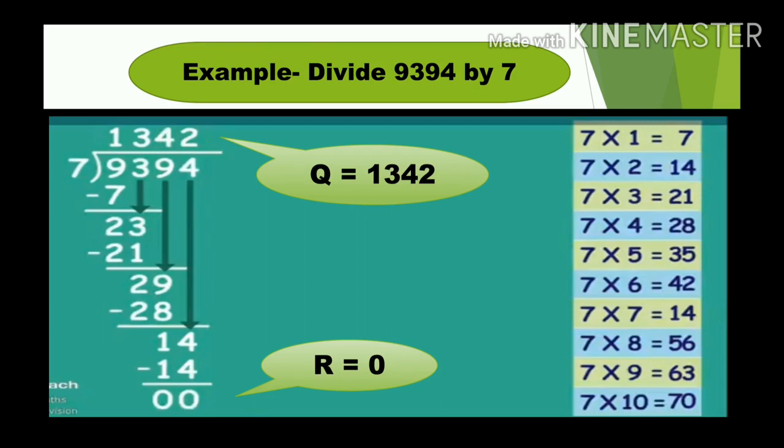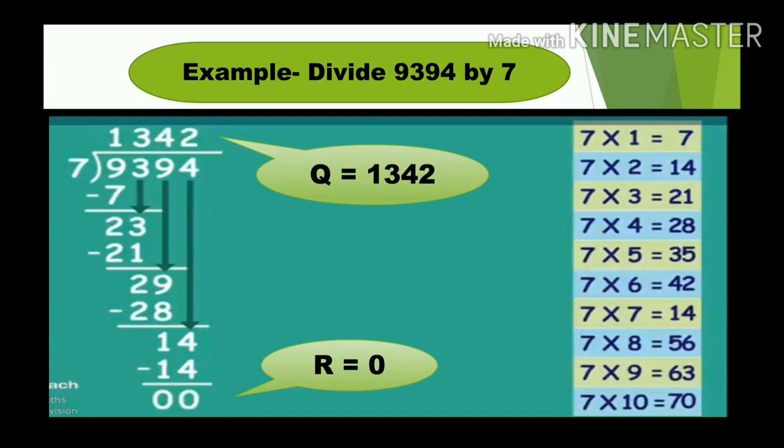In the 7 table we don't get 9, so we'll take 7 ones are 7, and after that we have to subtract 9 minus 7, we get 2, and 3 you will write down.